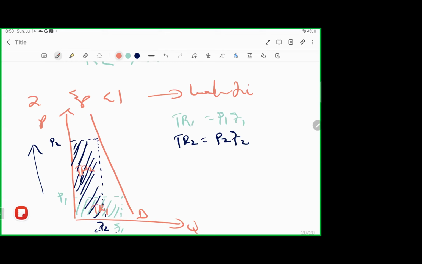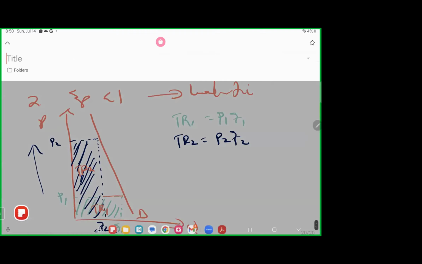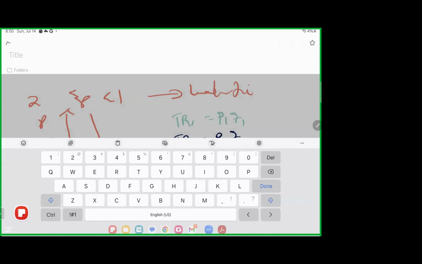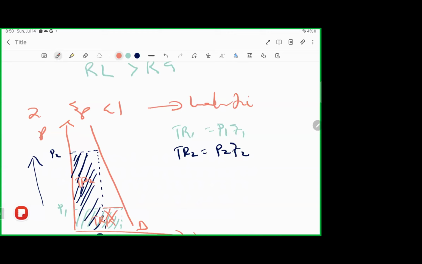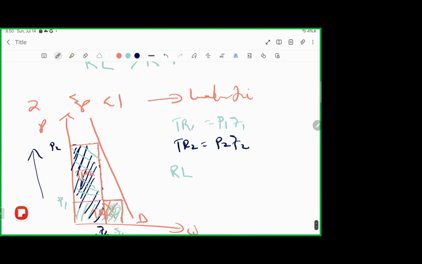The seller has lost this side of the revenue, as you can see. And at the same time, the seller has gained this side of the revenue. So you realize that the revenue lost here is less than the revenue gain.